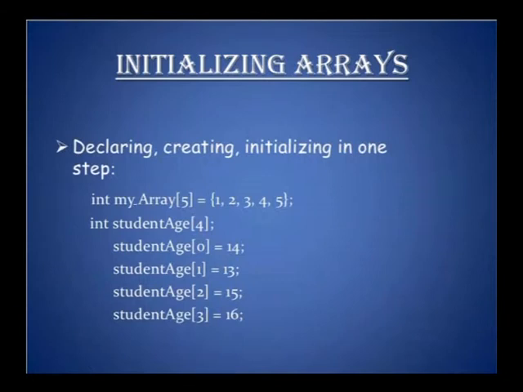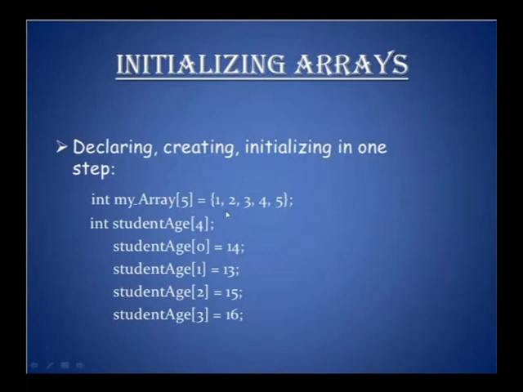Then initializing arrays, that is when you are trying to declare the array. Here we have an array myarray which consists of 5 elements, and I could initialize it by giving curly braces like this: 1, 2, 3, 4 and 5. It means myarray[0] will be initialized with the first value, that is 1, and myarray[4] will be initialized with the value 5.